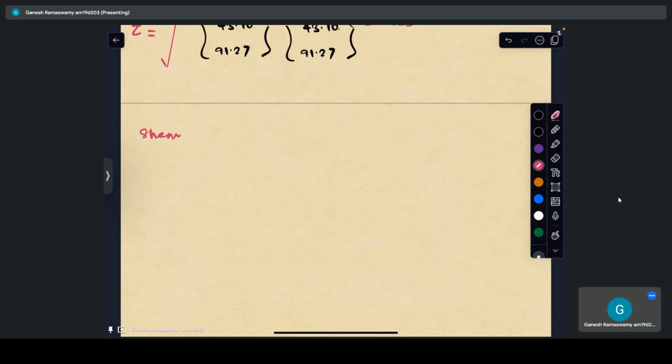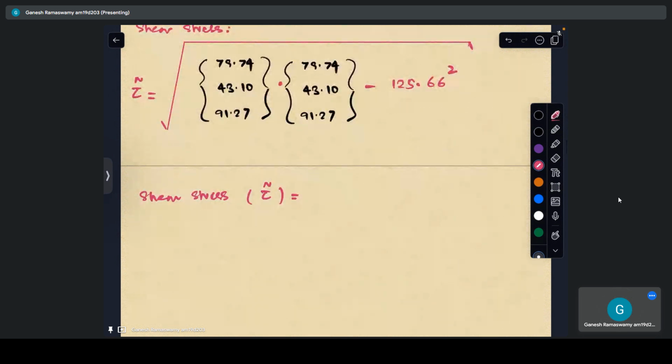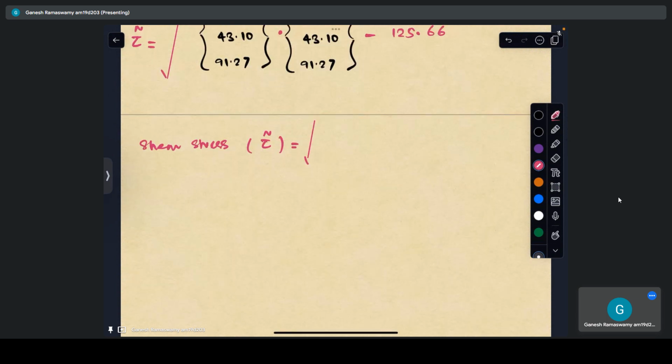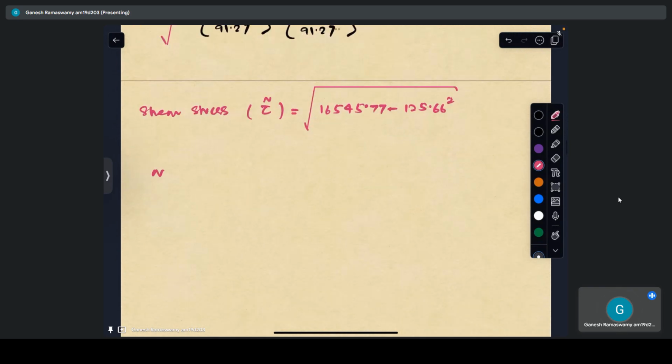So the shear stress tau n is root over 16545.77 minus 125.66 squared.